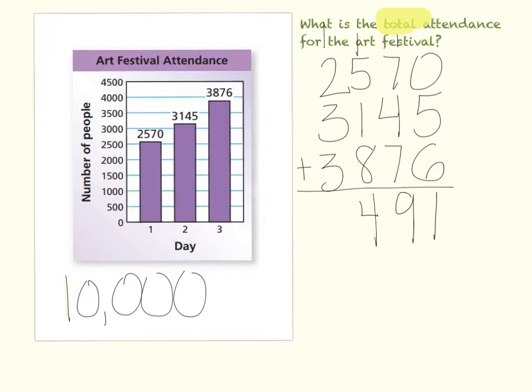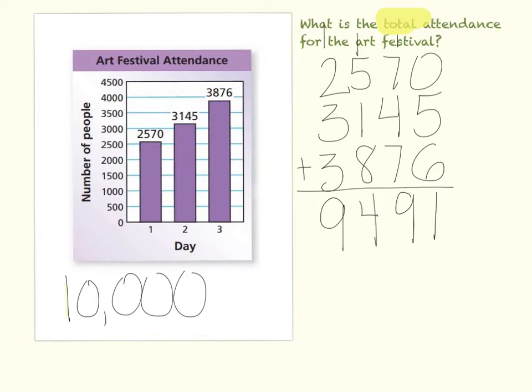Now, last, I'm going to do my thousands column. I have 1 and 2 to make 3, and then another 3 and another 3, and 3 threes make 9. So I found that the total attendance for the art festival is 9,491.